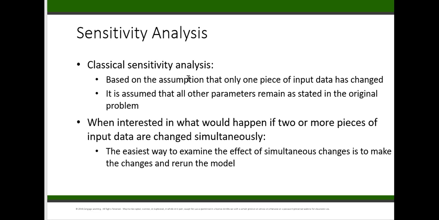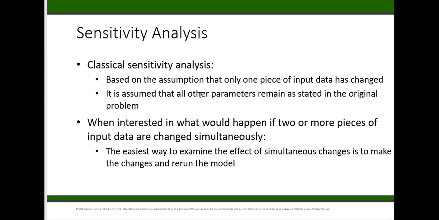If that coefficient changes, what happens to your objective function? What happens to your optimal solution? The optimal value of your decision variable. So this is really what Excel provides. Only one parameter change at a time. And then we want to see what is the impact on the solution, what is the impact on the optimal value of the objective function, right?